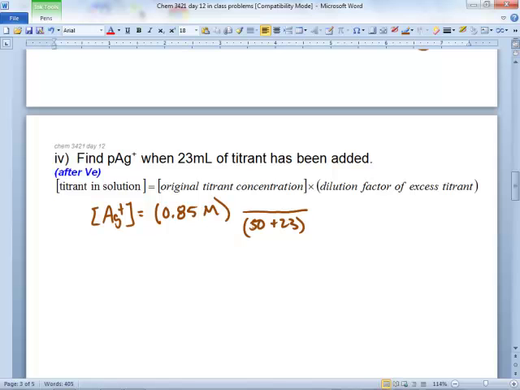It's just that little dinky bit that we added beyond VE. That's what came from the buret, and that's what we're diluting: that 0.85 molar and the little dinky bit that we added beyond VE. So the amount added minus VE would look better, right?